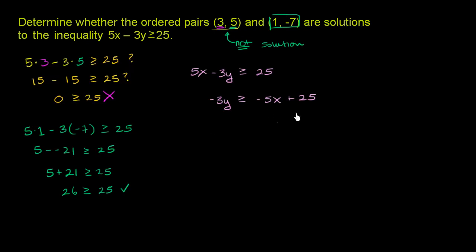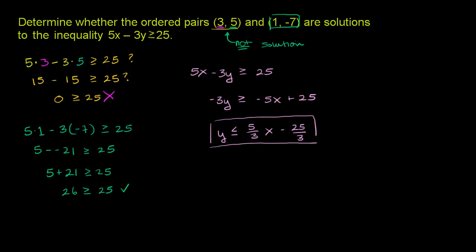So you get y is less than or equal to -5 divided by -3, which is 5/3 x, and then 25 divided by -3 is minus 25/3. So this is now the inequality y is less than or equal to 5/3 x minus 25/3.